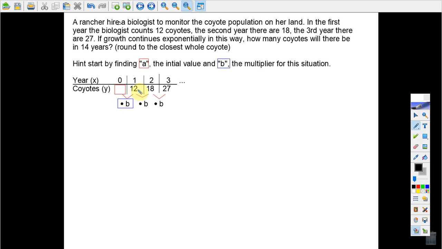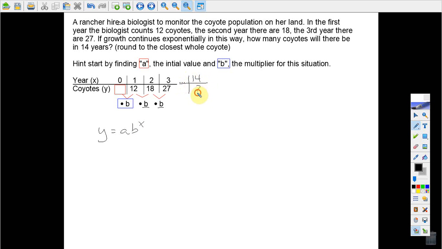In other words, what do I multiply 12 by to get to 18? What do I multiply 18 by to get to 27? That'll be my b value. Divide 12 by that number to get your a value, and then plug it into y equals a b to the x. We want to know what happens when x is 14.